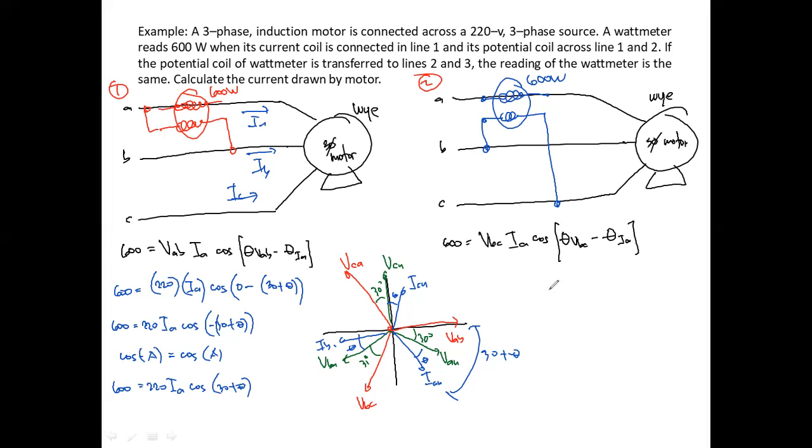On the other hand, we have the second case: 600 is equal to 220 IA cosine of theta VBC minus theta IA.